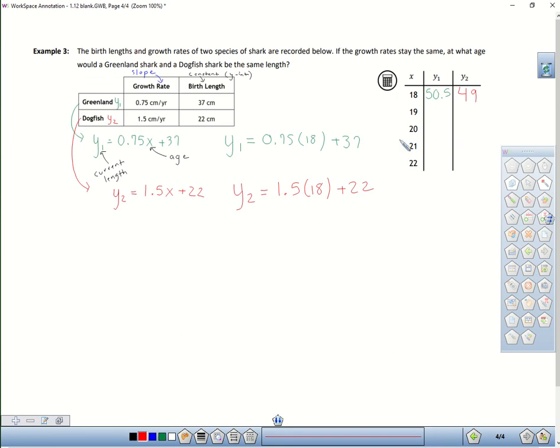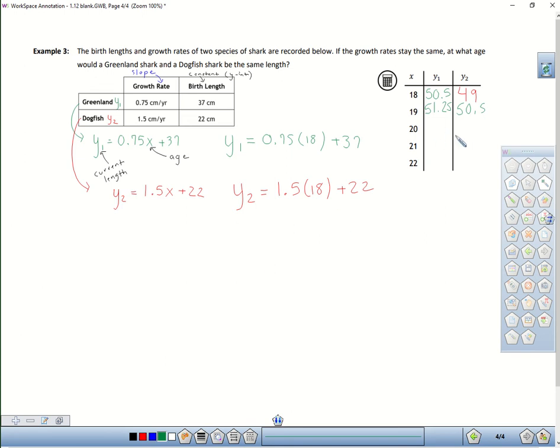So now I'm going to plug in 19, okay? I'm not going to show it, but I'll just plug it in on the calculator. So that's 0.75 times 19 plus 37. That gives me 51.25. And I'll do the same thing with the other equation. I'm going to plug in 19. And when I do that, I get 50.5.